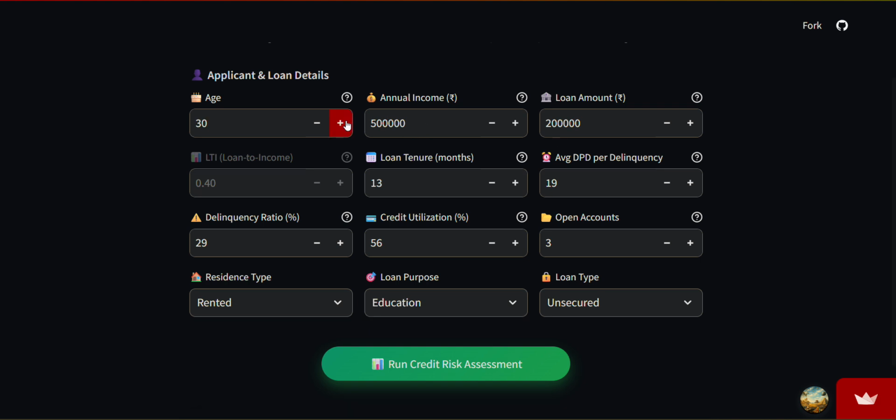Let's take another example of someone who is slightly older and having a higher income. Let's say the loan amount is 15 lakh.